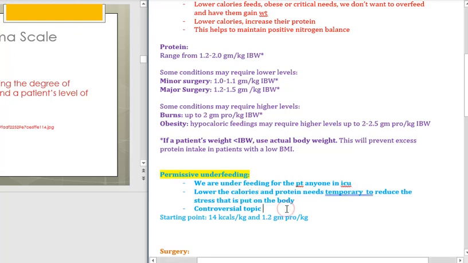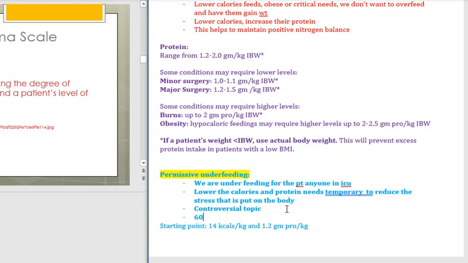Okay? And it's usually done for about 7 to 10 days after we start feeding. So if they're admitted to the hospital, we feed them within 48 hours. Permissive underfeeding is usually done for just about 7 to 10 days.